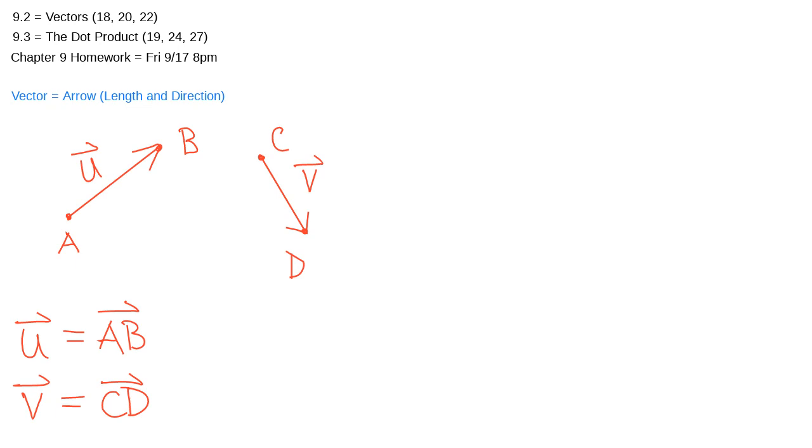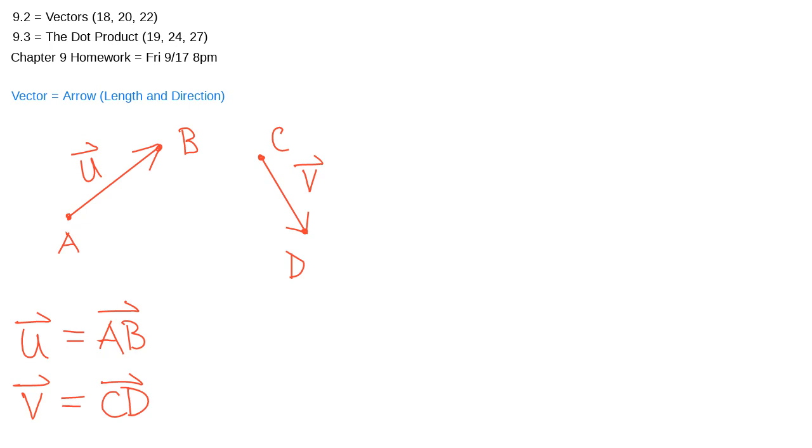I'm giving you a feel for how we describe vectors. There's a few ways you can draw vectors, or you can write out vectors.